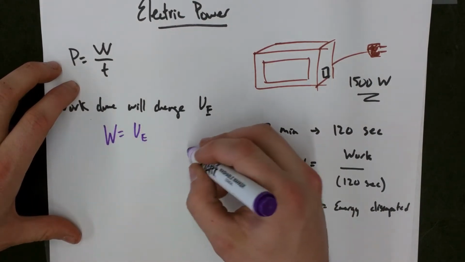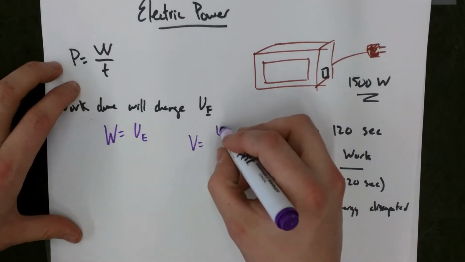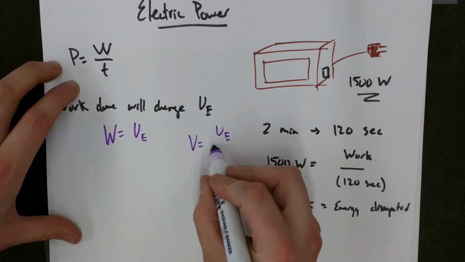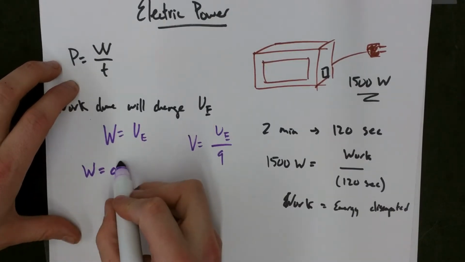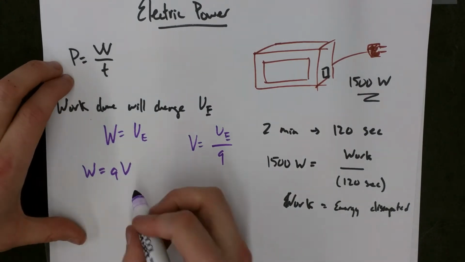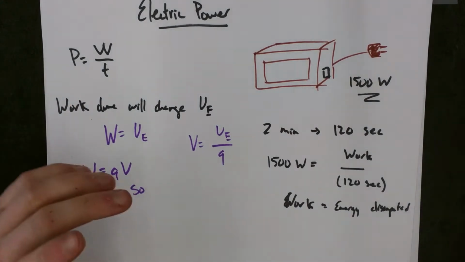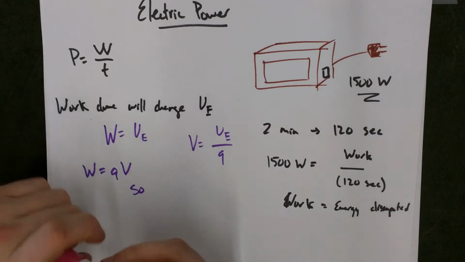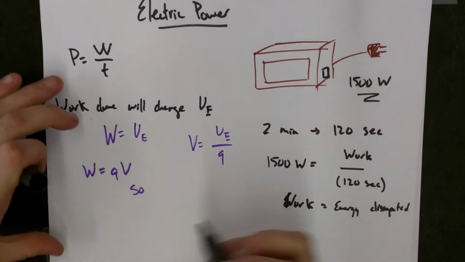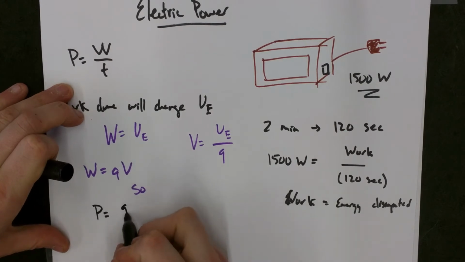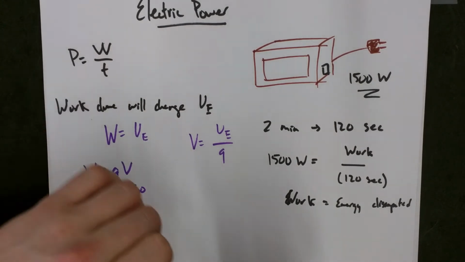So that means that given that voltage is the electric potential energy per charge, well, work must be QV. So this means that, let's go back to black. Power is QV over T. What do you notice there?